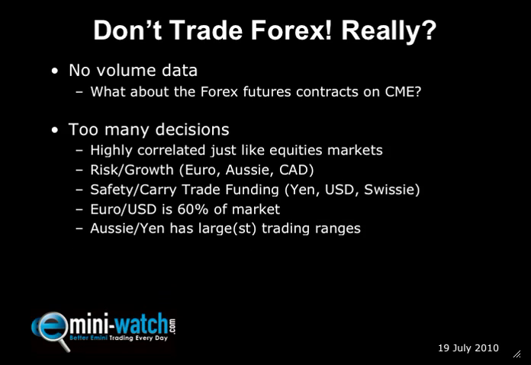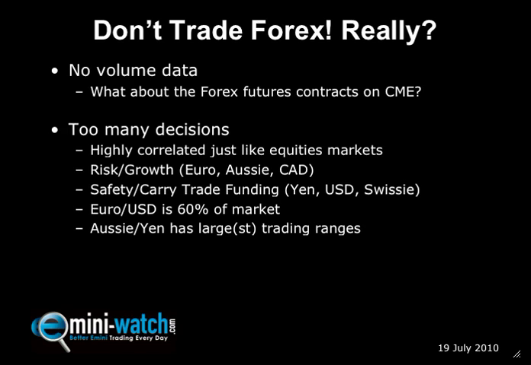The other choice is to go for something which has very large ranges because of the nature of the two different markets. A good example there is the Aussie versus the yen. The Aussie is a very high growth currency, so when people are looking for exposure to growth, they'll go to the Aussie, and then they'll fund that in yen, so you'll get a very large differential in movements between the yen and the Aussie, compared to something more like the euro or the USD.